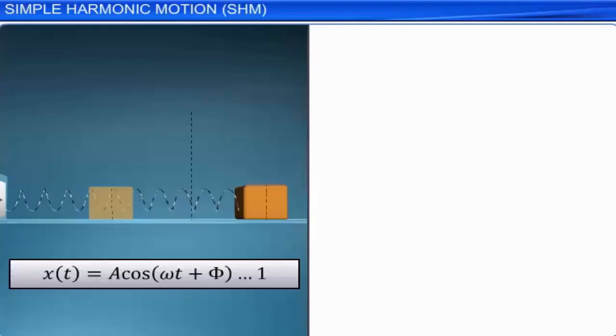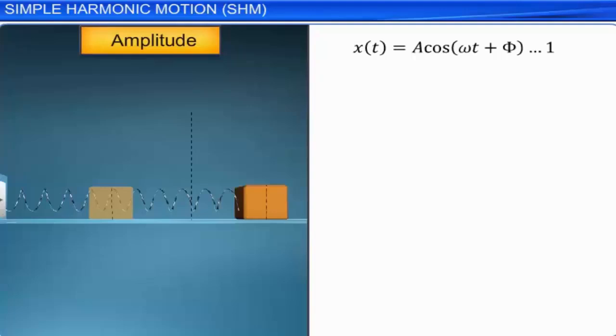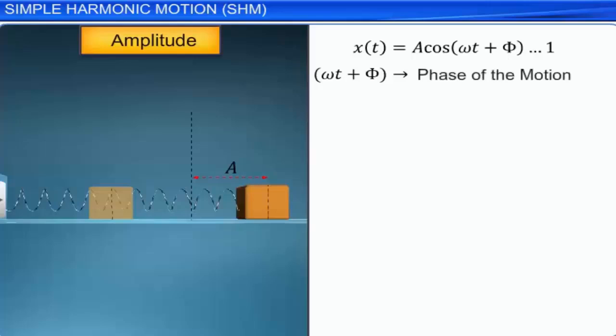Now let's discuss the amplitude of the motion. The maximum displacement of a particle from the mean position executing simple harmonic motion is called its amplitude A. In simple harmonic motion, the quantity ωt + φ, which varies with time, is called the phase of the motion of the particle executing simple harmonic motion.